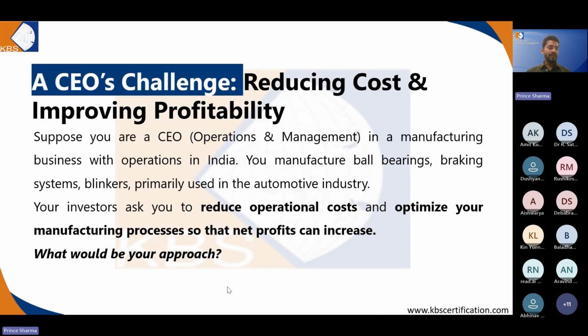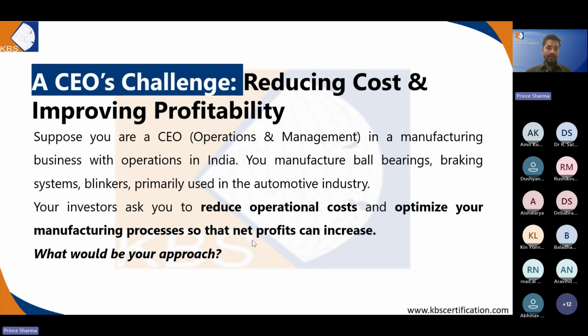So starting with the main content of the webinar, a CEO's challenge, reducing cost and improving profitability. Suppose you are a CEO managing all the operations in an organization, making decisions regarding the process, how to develop things for a better outcome for the business.